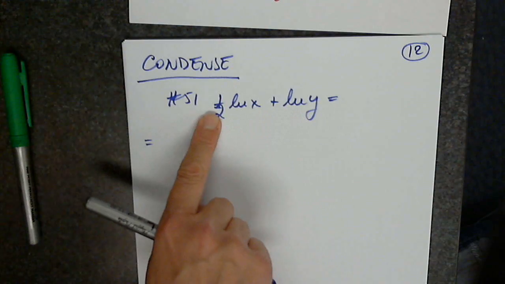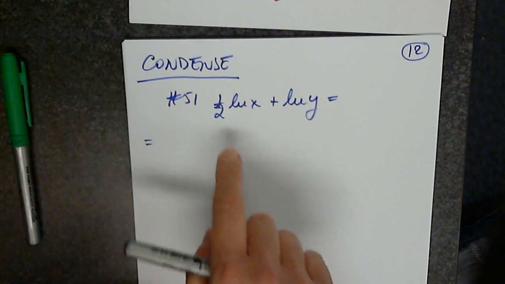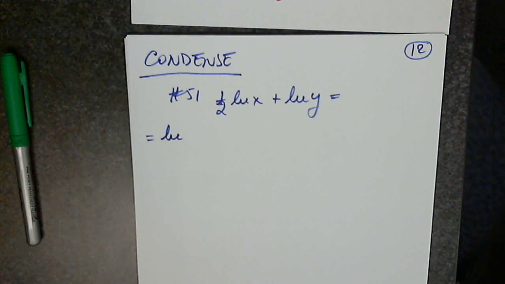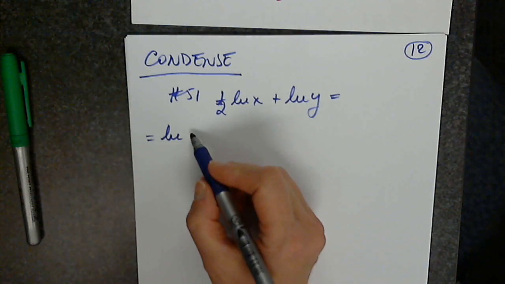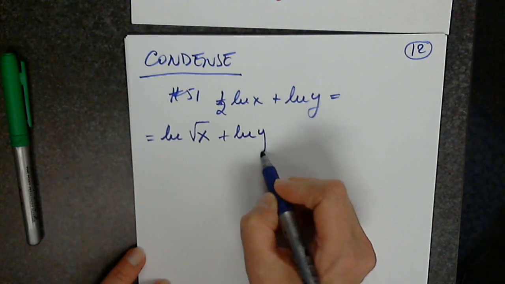That's how it got there. It got there because this x had power 1/2, and then it was moved in front. Now I want to put it back. So this will be natural log. And what does x to power 1/2 mean? The square root of x. X to 1/2 is the square root of x, and x squared is something else. So then plus natural log y.